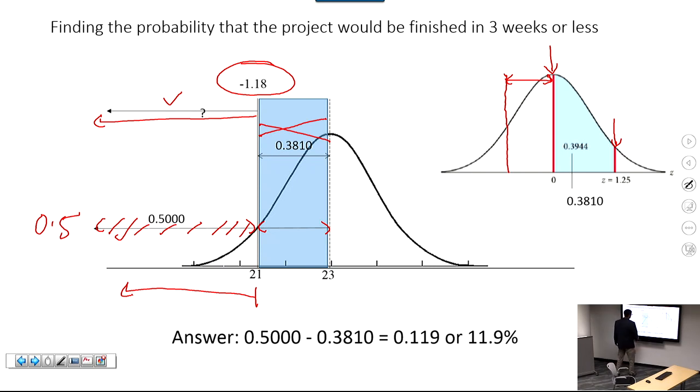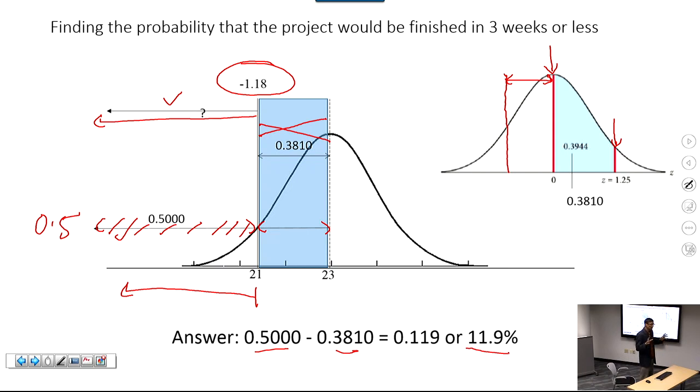So you essentially take 0.5, you subtract the shaded region, and you find that the probability that the project would be finished in 21 days or sooner is 11.9%. Okay? So that's the third type of question you can get on the exam based on probabilistic time estimates.